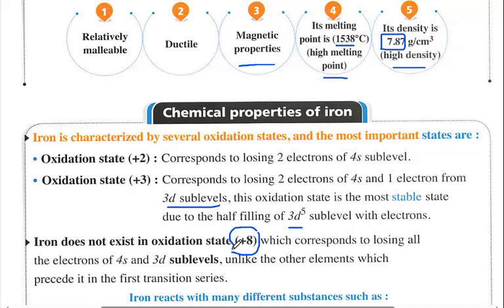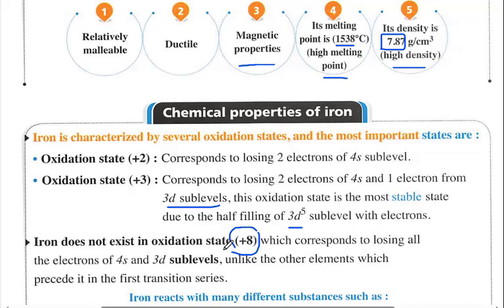If we remember that manganese, which precedes iron in the same period, is 25, with 4s2 and 3d5 electronic configuration, it can lose all the electrons and have the oxidation state of positive 7.